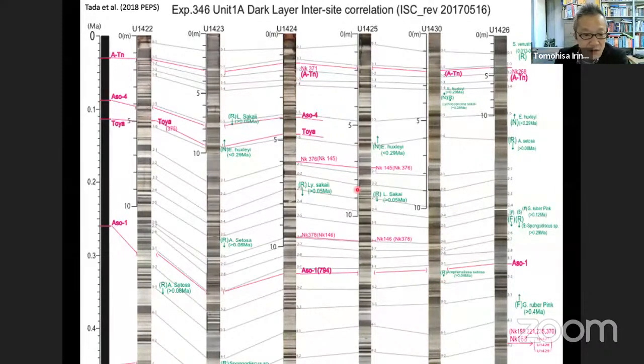This correlation was continued down to 1.5 million years ago. But it is very difficult to see if these correlations are correct from such a photograph.